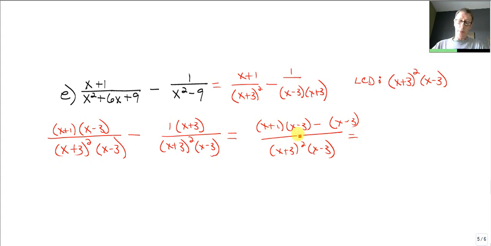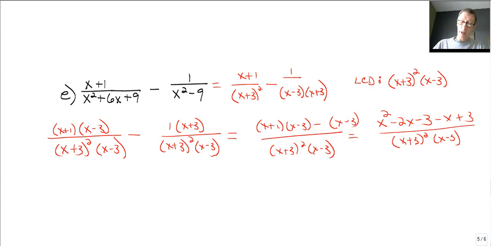X plus 1 times x minus 3 is going to be x squared minus 2x minus 3. Then we minus x minus 3, because this minus would distribute in, and now it's a minus times this minus 3, which would be plus 3, all over x plus 3 squared, x minus 3. Let's go ahead and simplify the numerator some more.